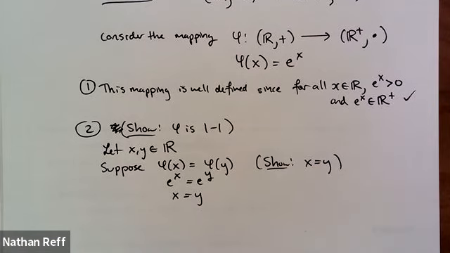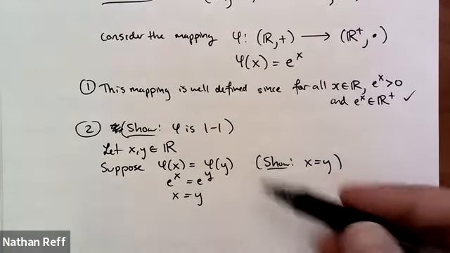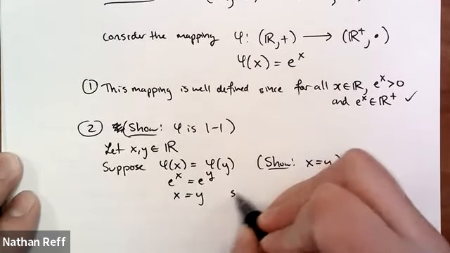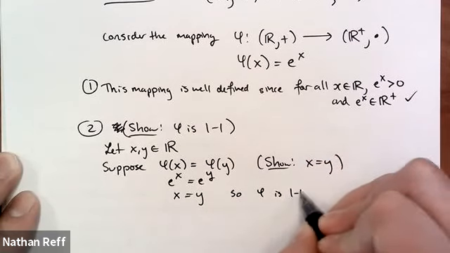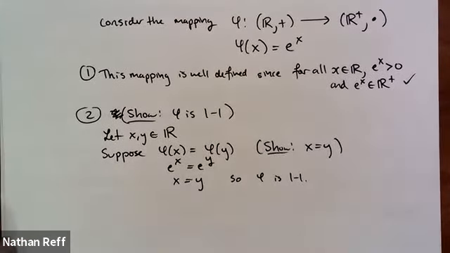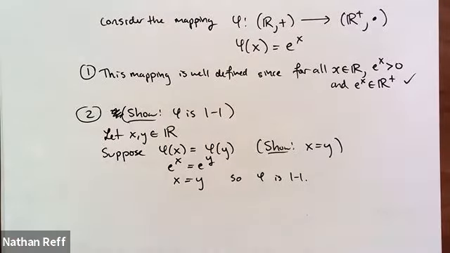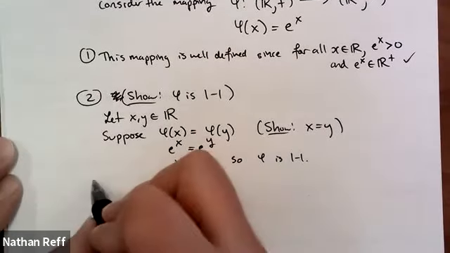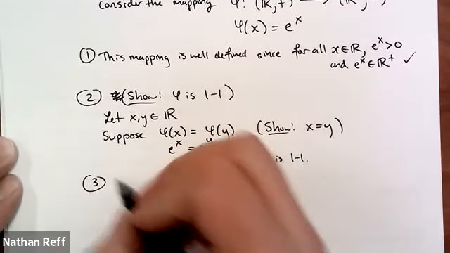But I wanted to avoid having to do that. So phi is one-to-one. You can actually prove two and three using techniques from calculus, but I'm trying to use the templates that we have. Okay, so the next one.